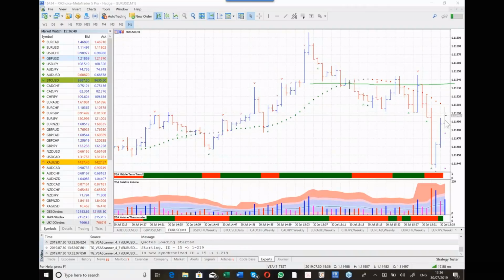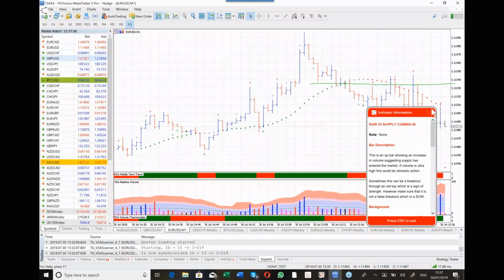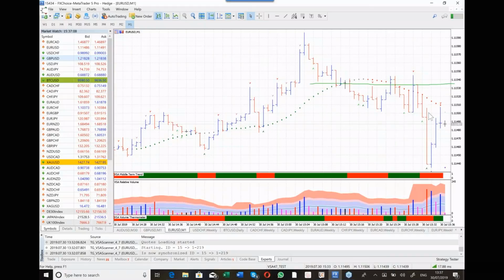And by the way, the size and colors might be changed. The gray one by default is neutral. So the price in most of the cases is just chopping around that level, resting, and then continues its move down or up, depending on the previous direction.